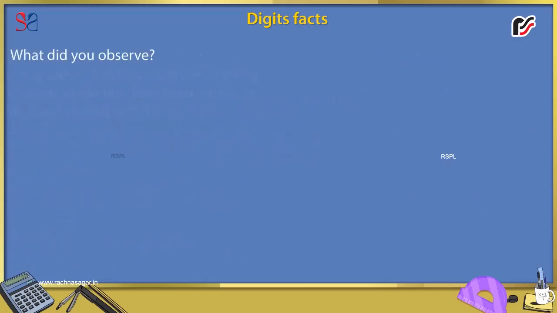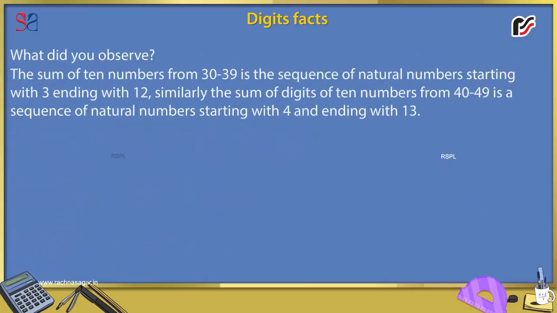What did you observe? The sum of digits of the 10 numbers from 30 to 39 is the sequence of natural numbers starting with 3, ending with 12. Similarly, the sum of digits of the 10 numbers from 40 to 49 is a sequence of natural numbers starting with 4 and ending with 13.